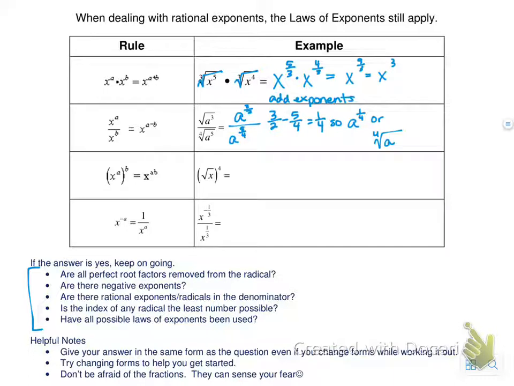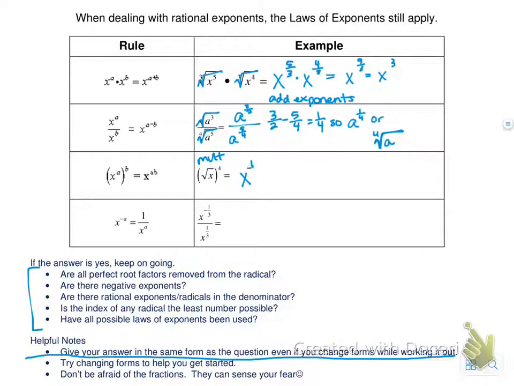Now, one of these down here says that your answer should always be in the format the question was given, when possible. So because my question had a radical, then my answer should have a radical, when possible. Okay? The next one is a power to a power. So what do we need to do with the exponents? We are going to multiply the exponents.